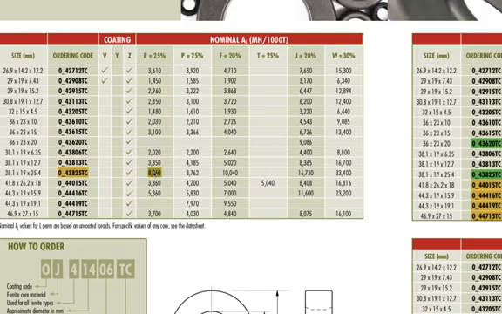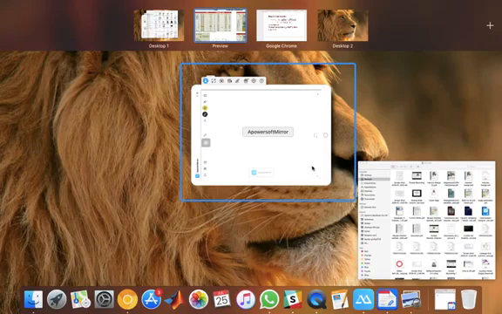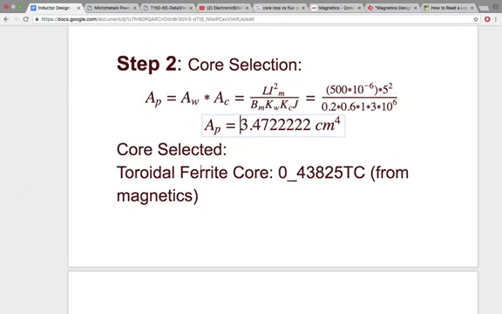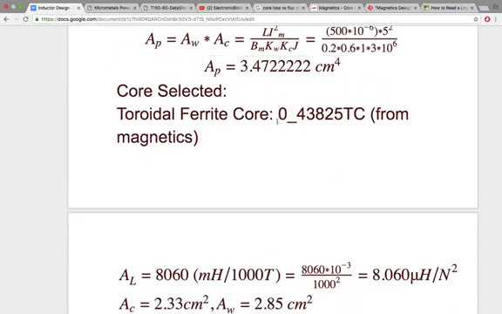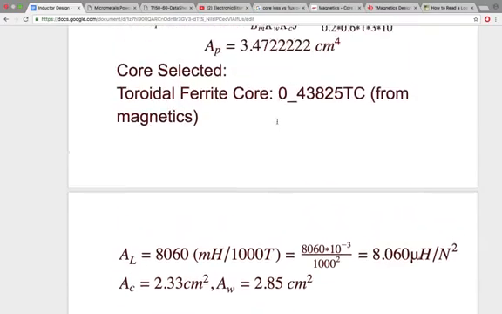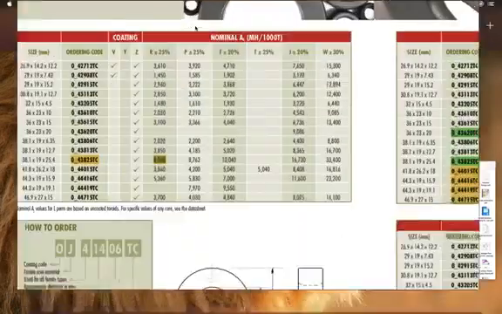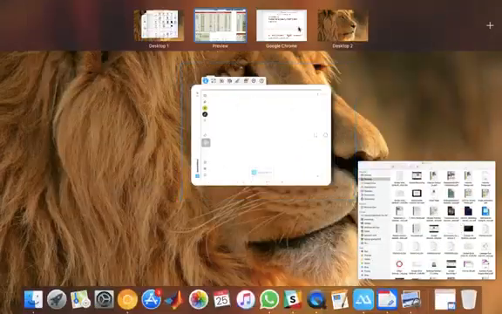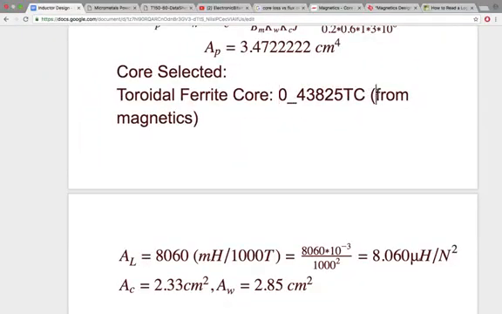I have chosen R because the AL should be low, so I have chosen the least among all. The cross-sectional area and all those things I have noted down here. So this is the core being selected. You can download its datasheet from Magnetics and cross check the values also. It's an R type material.